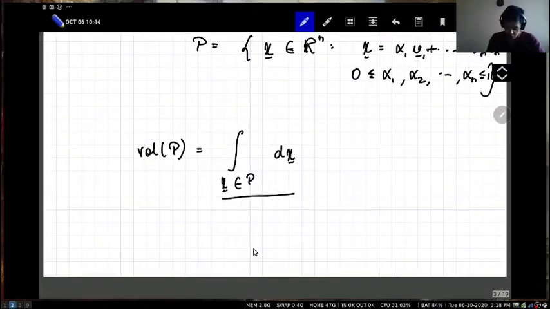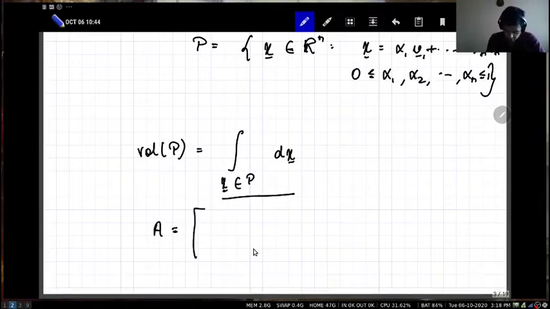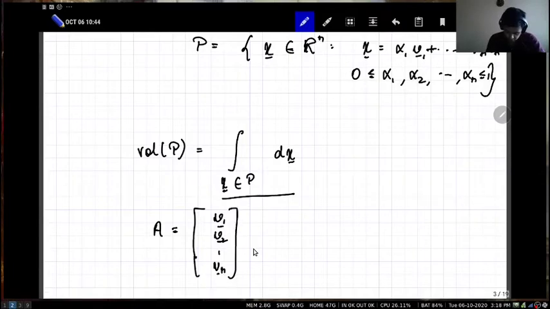So if I take a matrix A which has v1, v2, up to vn as the columns, or it actually doesn't matter, I can also take them as the rows, right? Then the volume of the parallelepiped described by these n vectors is equal to the absolute value of the determinant of A. And the goal in this and the next lecture will be to show that this formula holds.